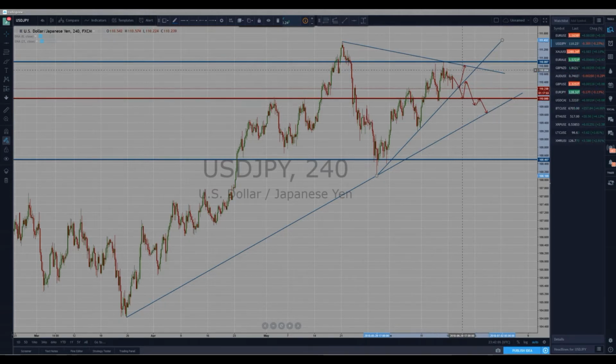We saw the break and the retest of that last week before reaching the high. Now we're just waiting to see if we're going to get a break of this trend line down to this trend line, or maybe just a retest of the 110. If we do get a break above this top trend line and/or this top horizontal line, then we'll be retesting previous market structure, possibly pushing up to a higher high.